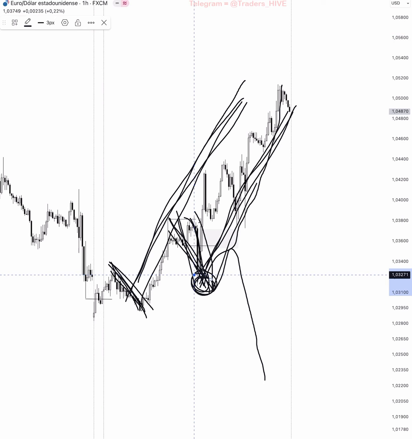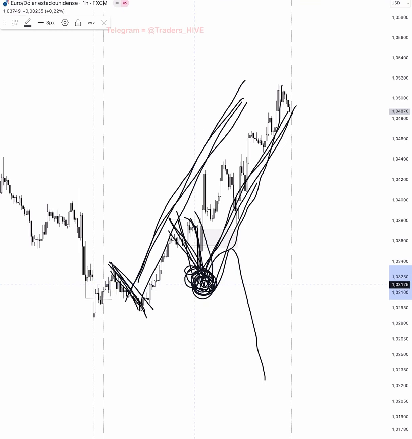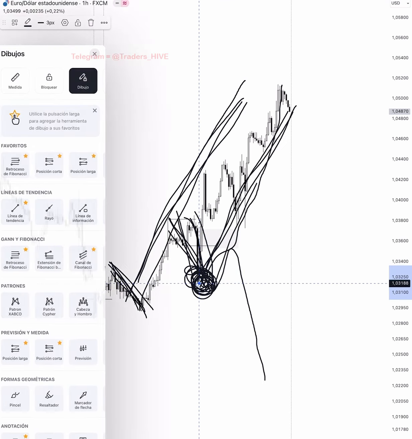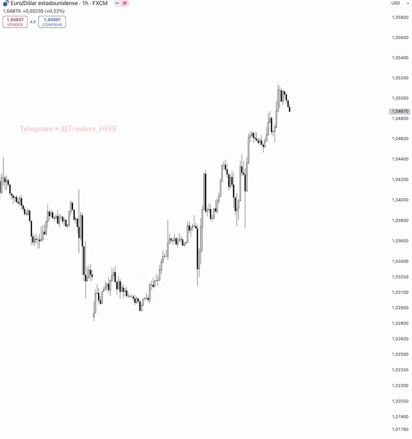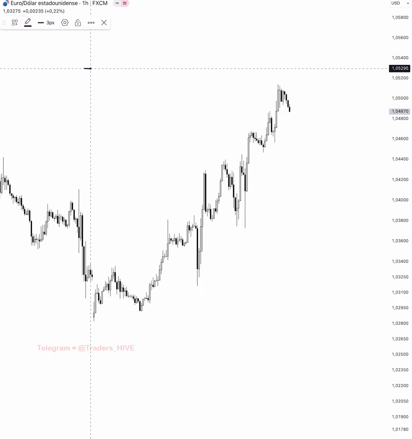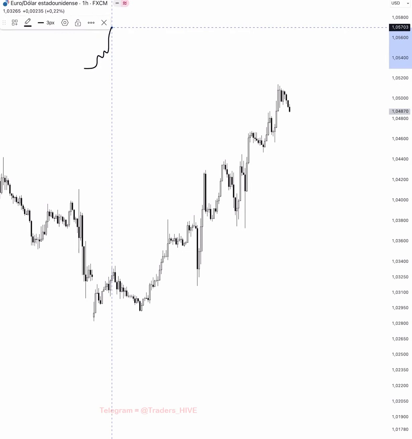So that was the entry right here on Wednesday. As some of you don't know, Wednesday is usually a classic candle, which means fading what happens at the beginning of the Wednesday daily candle is usually a good idea, because it'll go in the opposite direction.